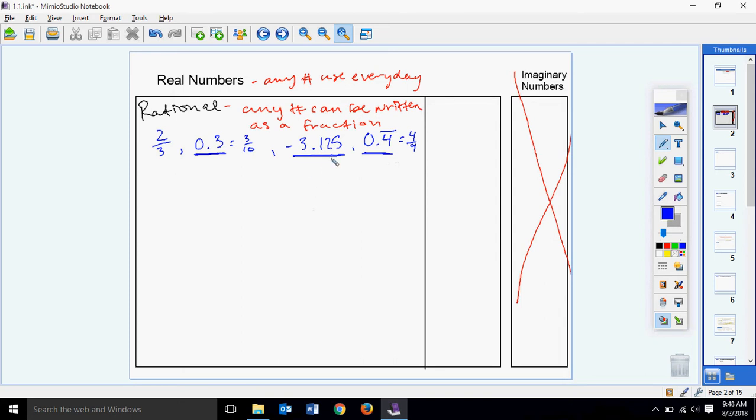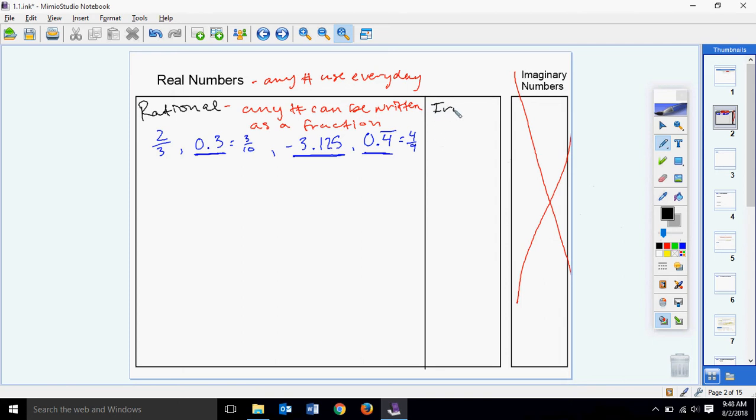Well, what I notice is that I have a repeating one. It's 0.4, it goes on forever and ever. I have a terminating one, it's just 1, 2, and then 5, and then it quits. And then I have a terminating one here, it's just a 3, and it quits. So rational numbers can repeat, and they can go on forever. But what rational numbers can't do is go on forever without a pattern.